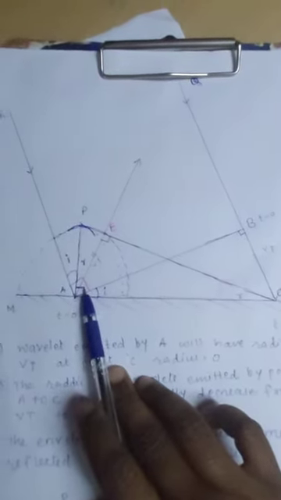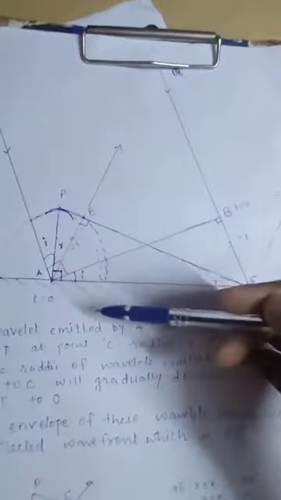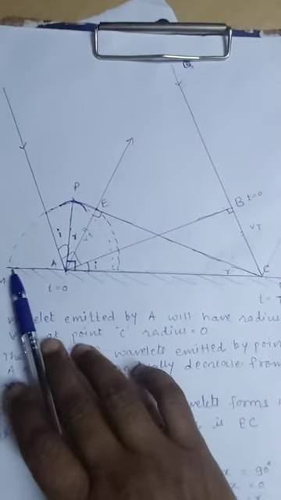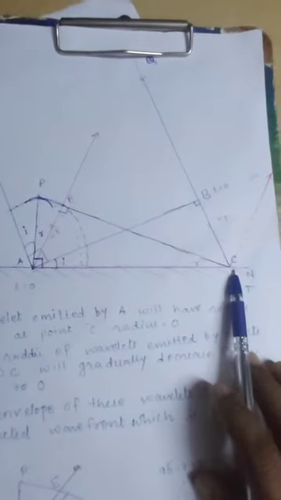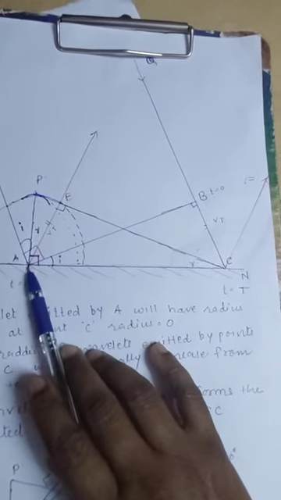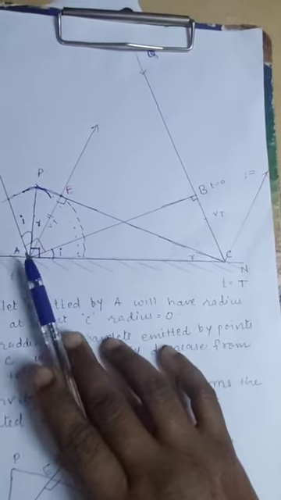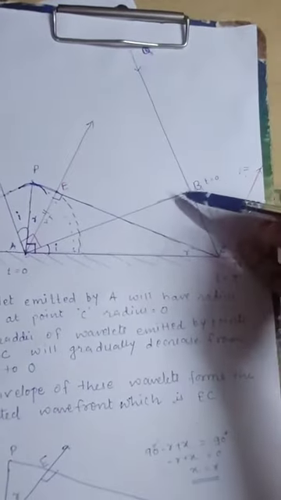When the incident wavefront, bounded by the rays RA and BQ, is incident on the plane MN, they are incident perpendicularly. At that time, the ray RA will reach first and then QB reaches.